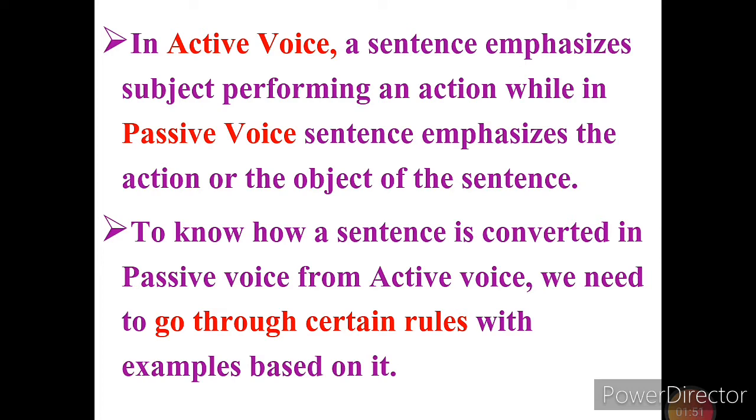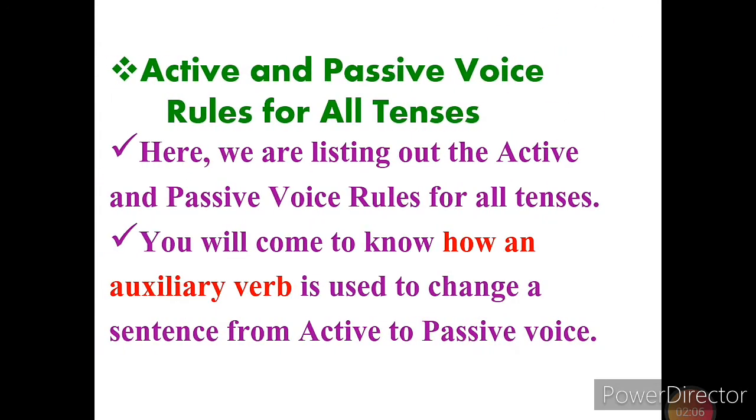To know how a sentence is converted into passive voice from active voice, we need to go through certain rules with examples based on it. Now let us see active and passive voice rules for all tenses, because whenever we change an active sentence to a passive sentence, we need certain rules.